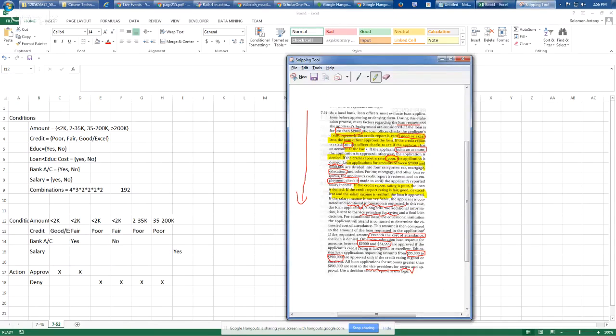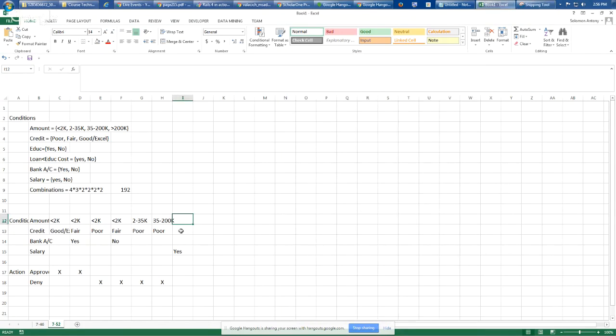If the rating is fair, good, or excellent, for amounts 2 to 35 as well as these two values, and your salary is verified, then you're approved.